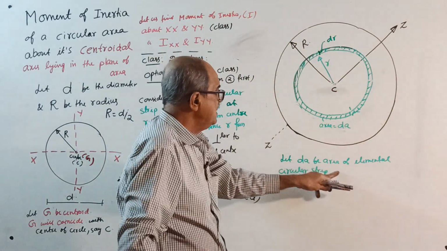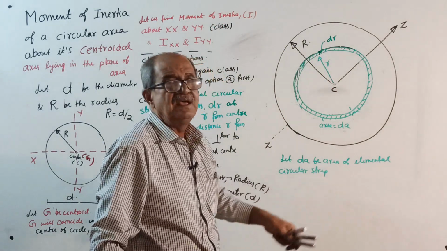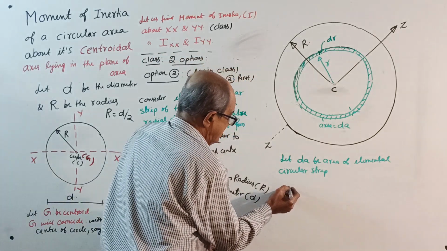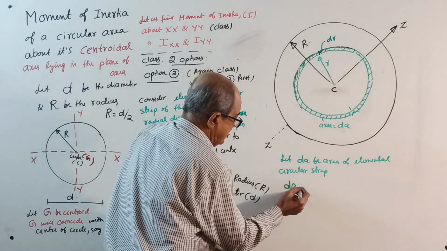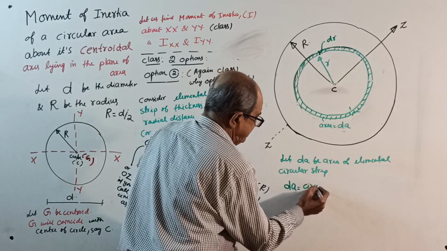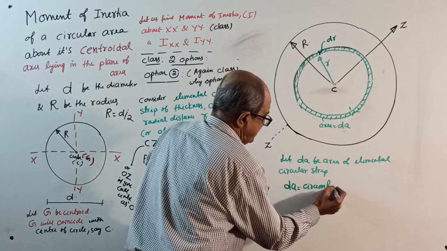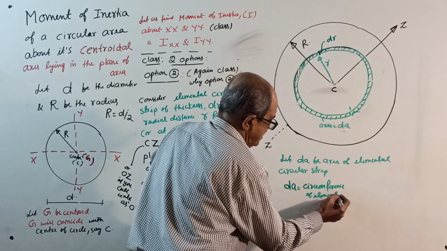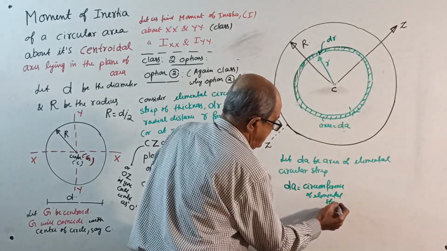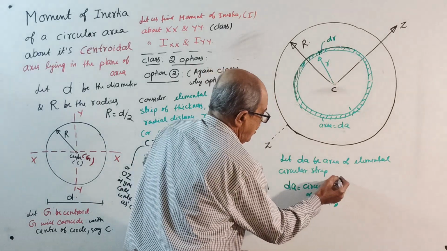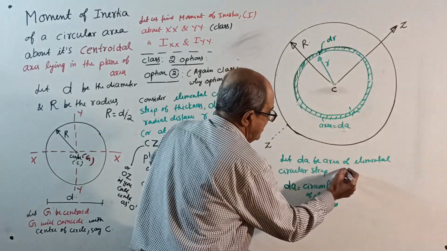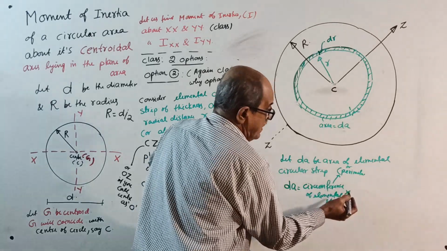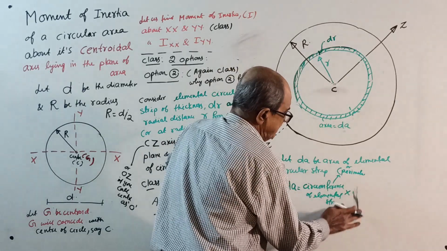So let dA be the area of the elemental circular strip. How to get it? Directly, dA equals the circumference of the elemental strip, either you call it circumference or perimeter, multiplied by dr, the thickness.